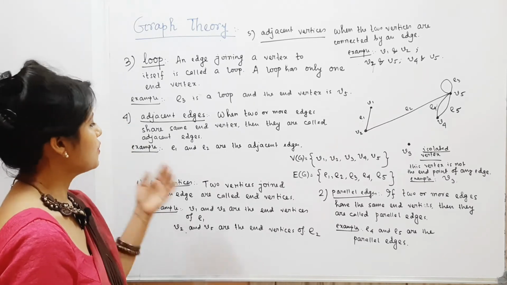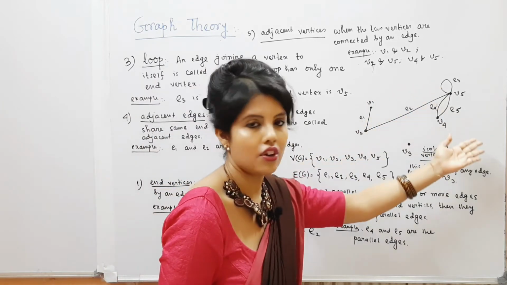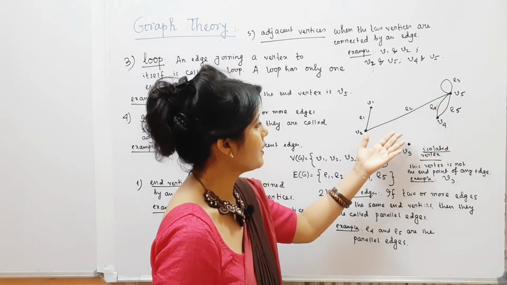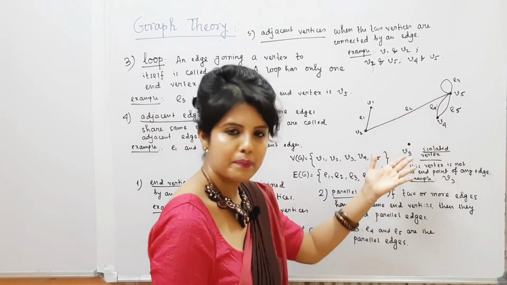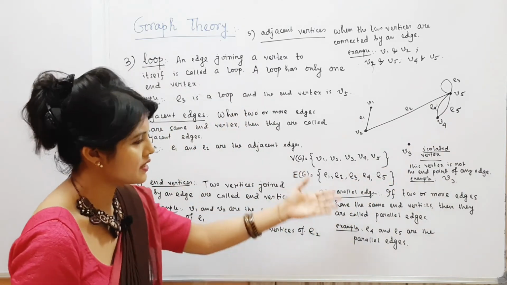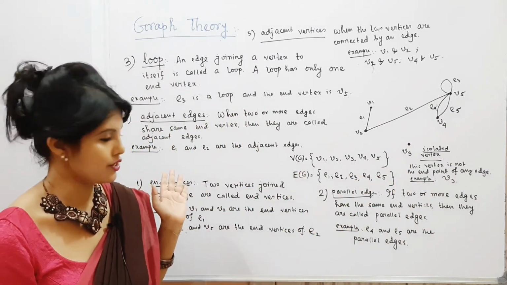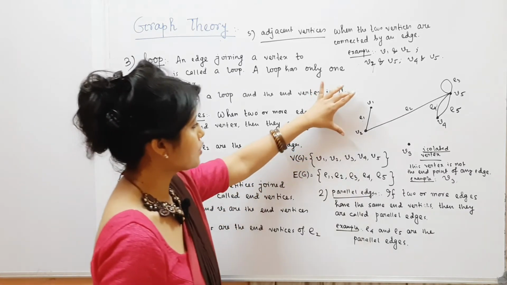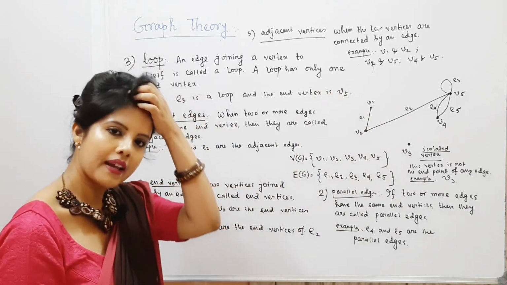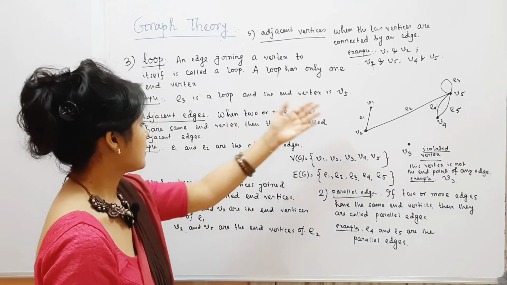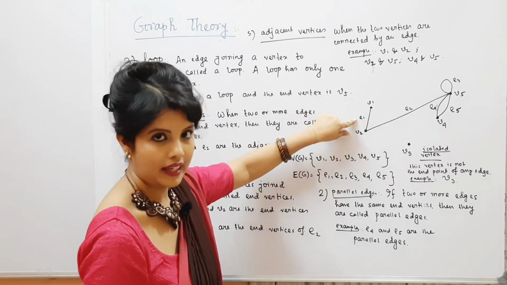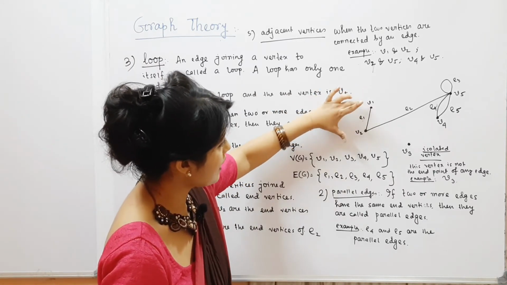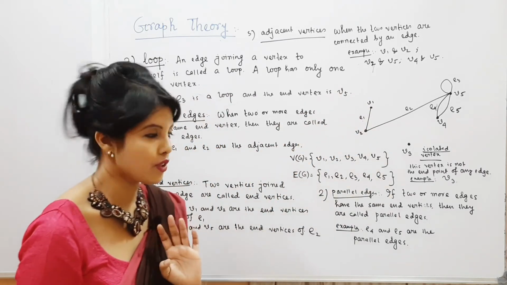So these are the main terminologies actually, and they are used very often in the theory of graphs, okay. So I have drawn a picture here, okay, a special type of graph, and this covers all kinds of terminologies, okay. First, the end vertices, that is when the two vertices are joined by an edge, okay. So they are called the end vertices of the edge, okay. That is V1 and V2 are the end vertices of E1.